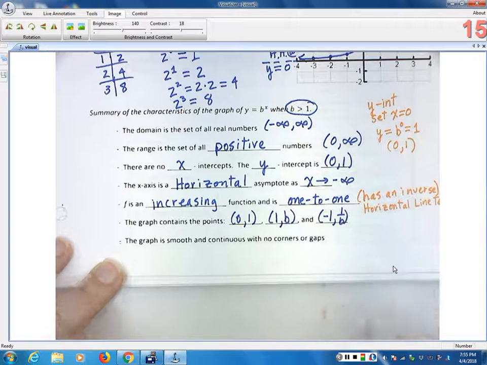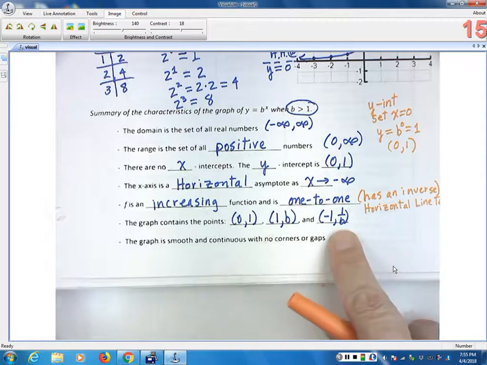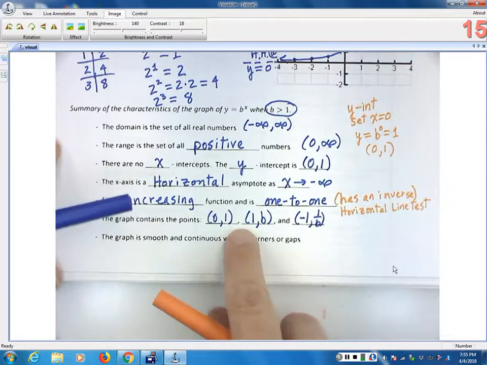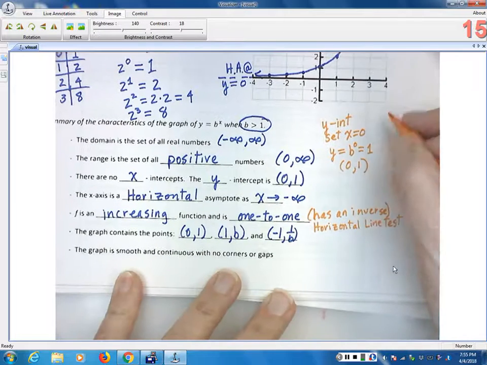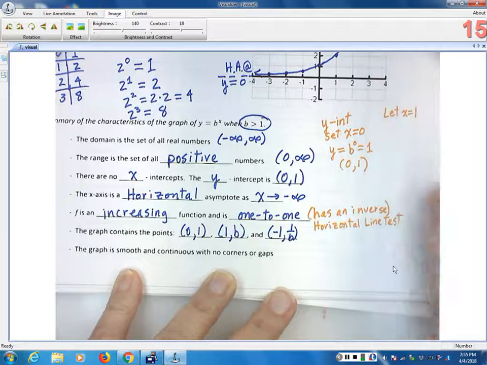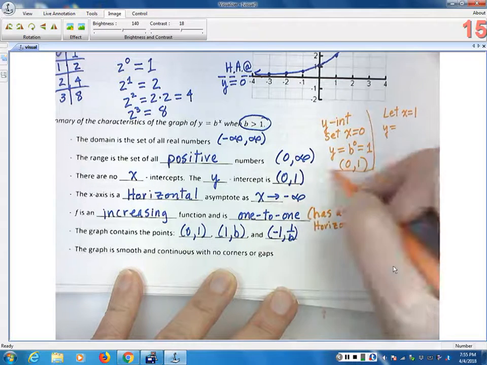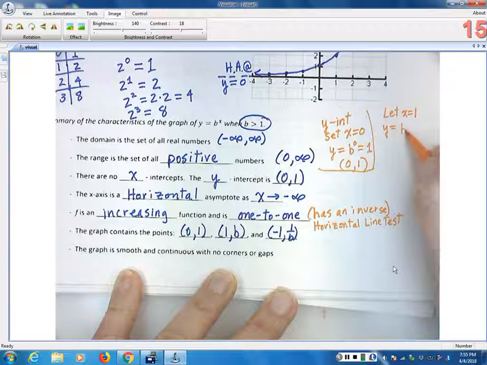If you want to see why, put in 1 for x: if x is 1, you have y equals b to the 1, and that's just b.